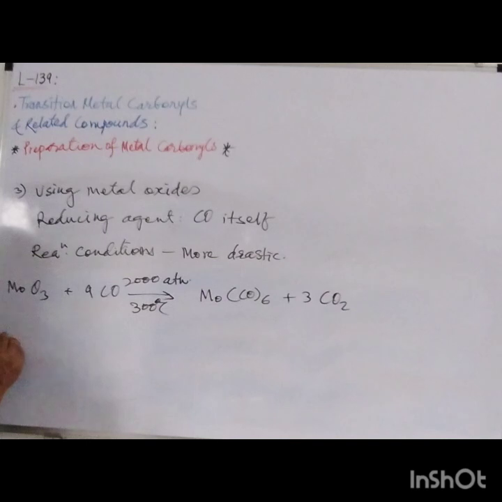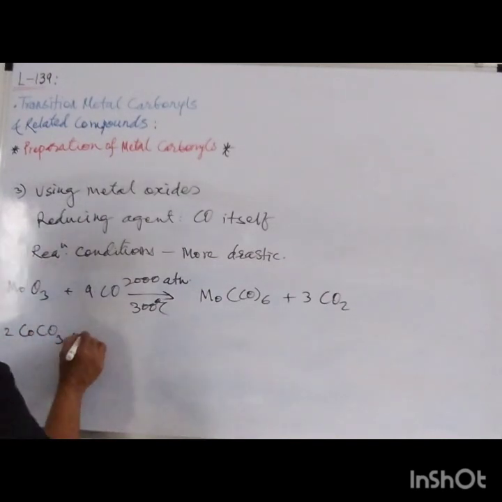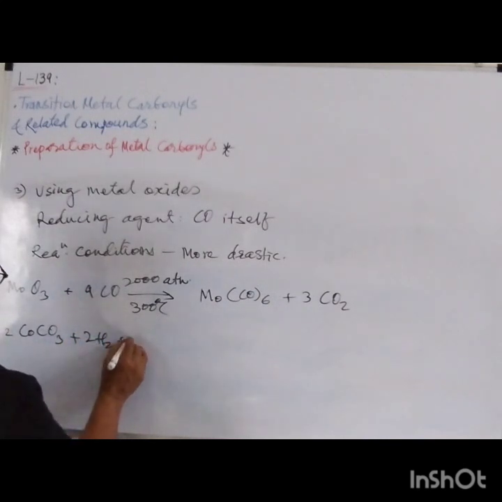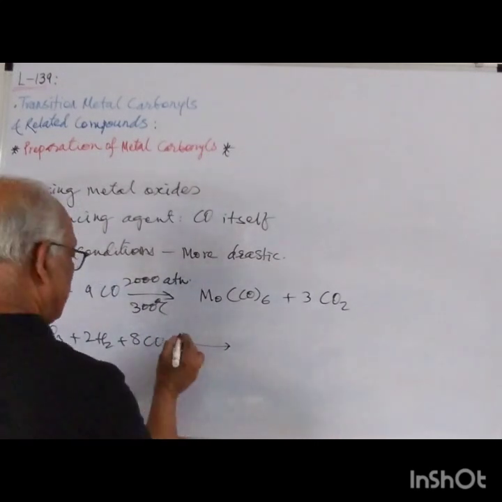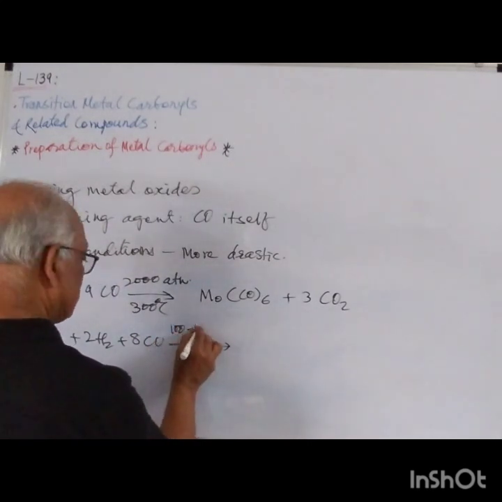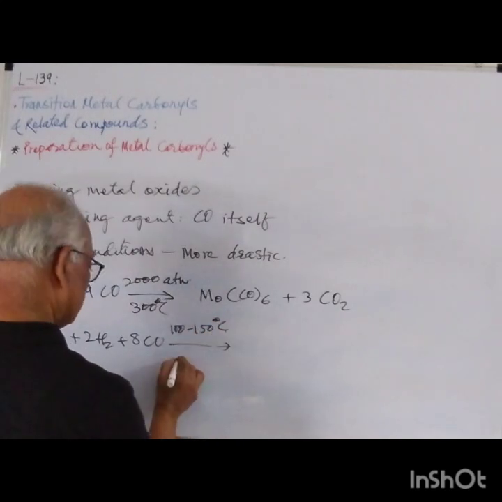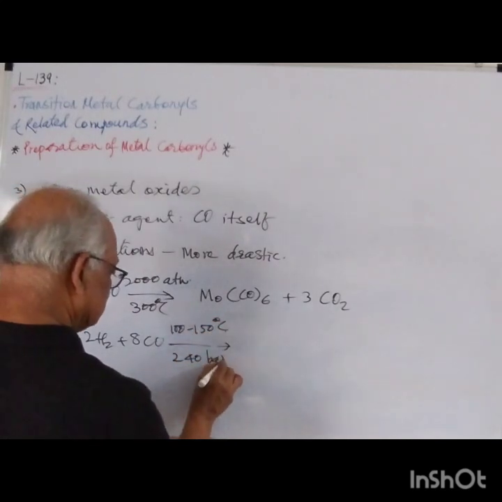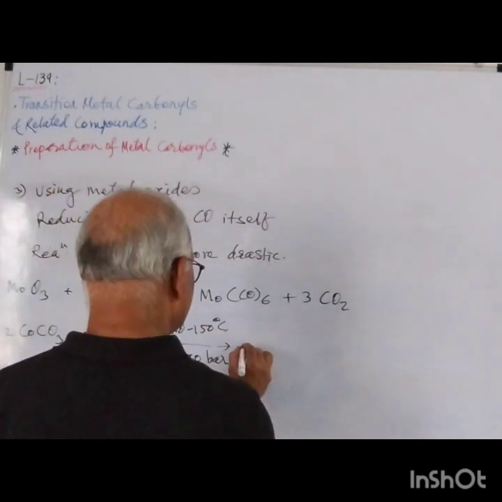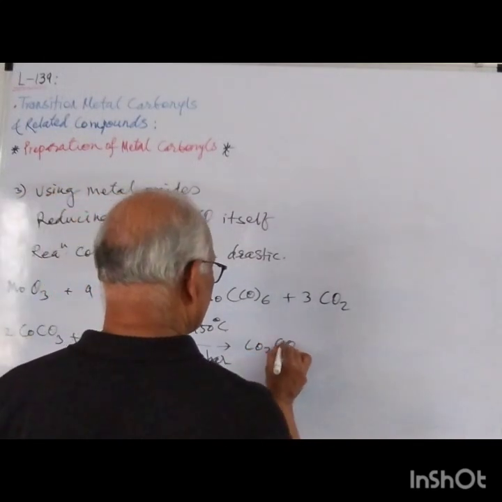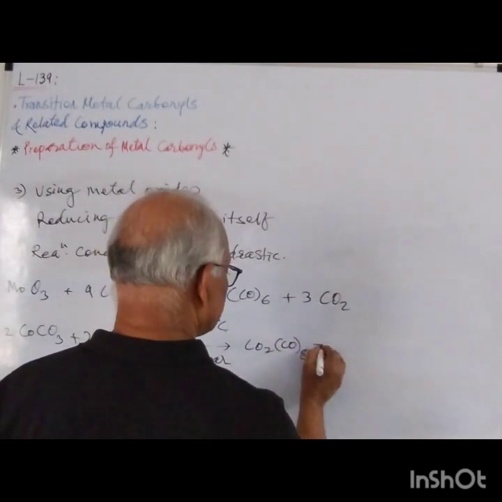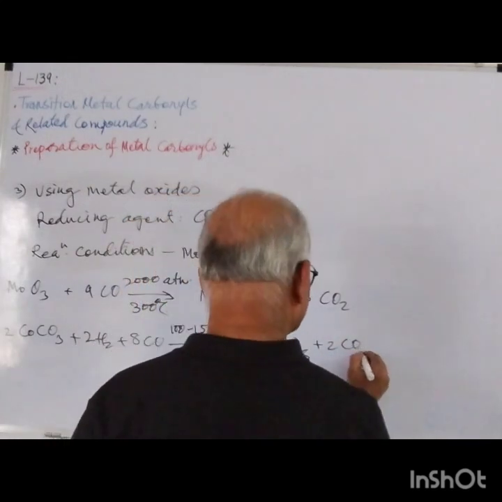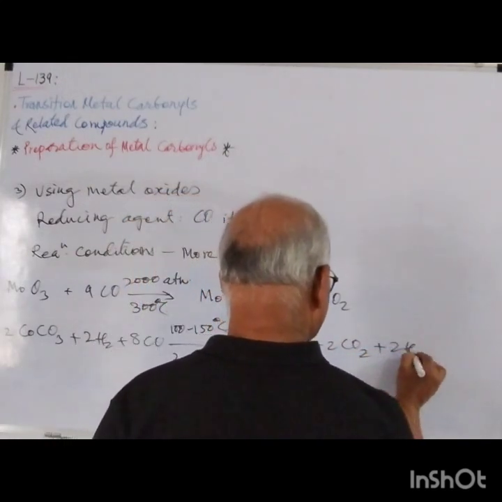Then another reaction is twice CoCO3 plus twice H2 plus 8 CO at 100 to 150 degrees centigrade temperature and 240 bar pressure gives Co2CO8 plus twice CO2 plus twice H2O.